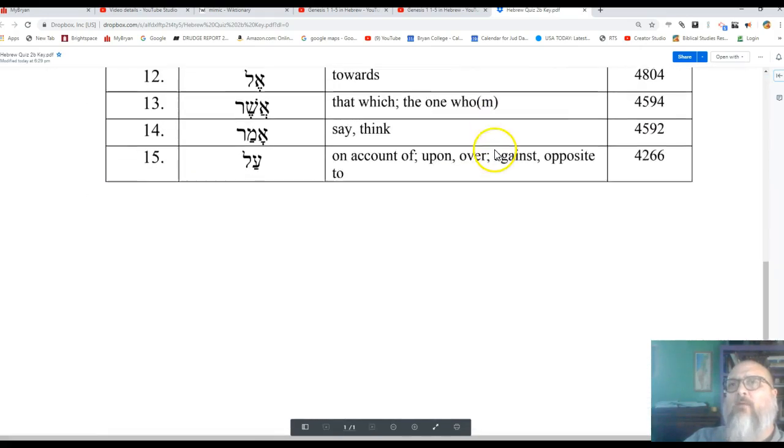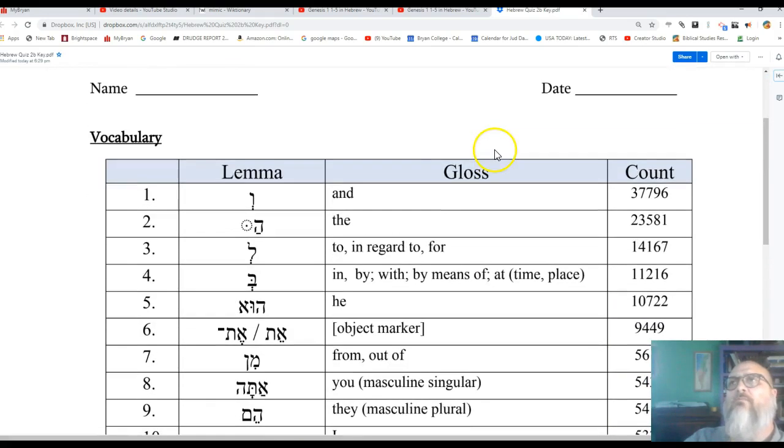I think there are about 303,000 words in the Hebrew Bible. The word "and" occurs almost 40,000 times. This is the most used word in the Hebrew Bible, and it's joined with the word, and it means "and."